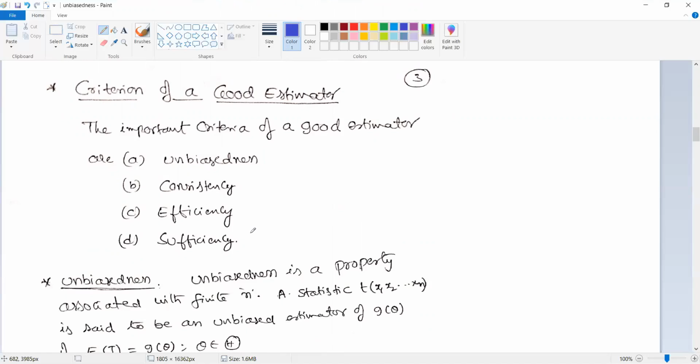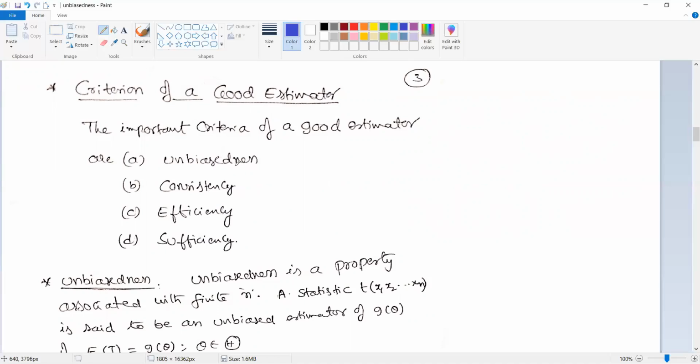Next, a very, very important topic: the criteria of a good estimator. The total chapter depends upon these criteria. Any estimator, any statistic that satisfies all these four properties is called a good estimator. These four are unbiasedness, consistency, efficiency, sufficiency.